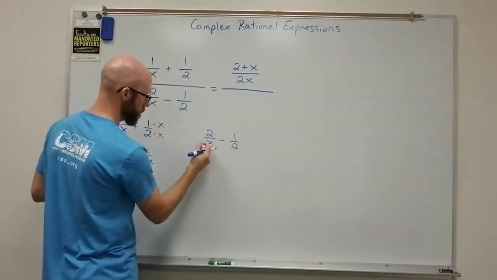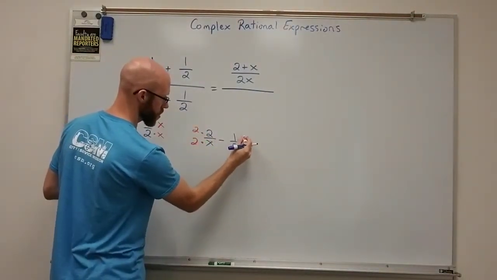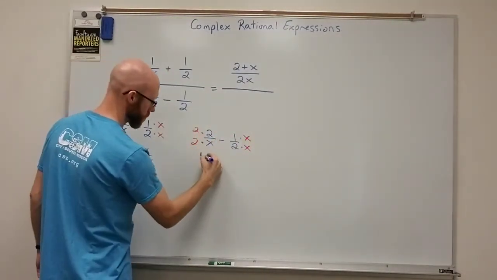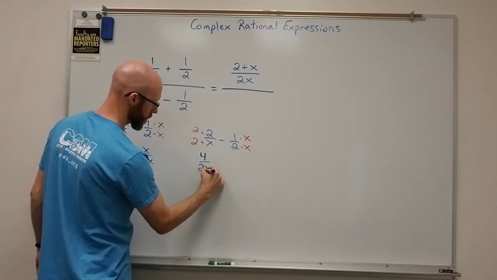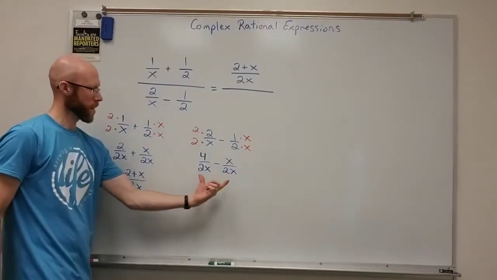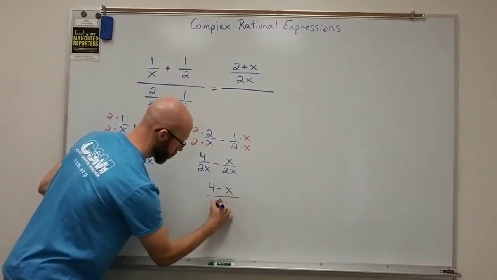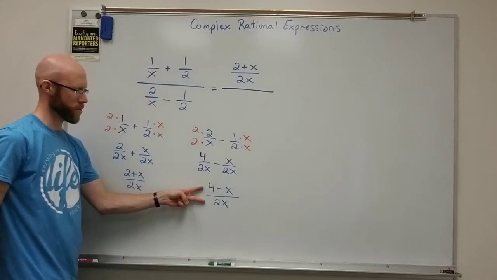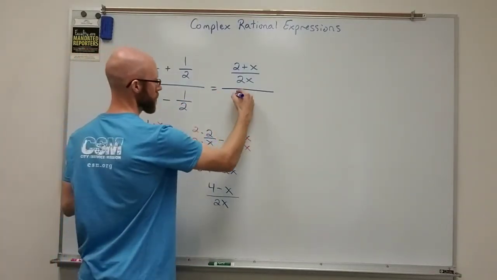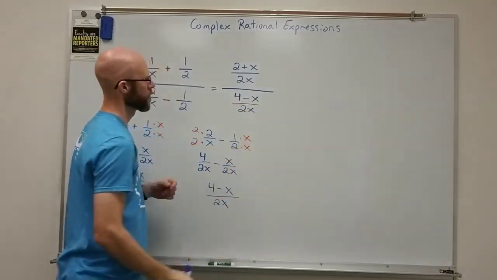So I'm going to multiply by the missing 2, and multiply by the missing x. This gives me 4 over 2x minus x over 2x. And then combine those into one fraction, 4 minus x over 2x. That becomes my denominator.